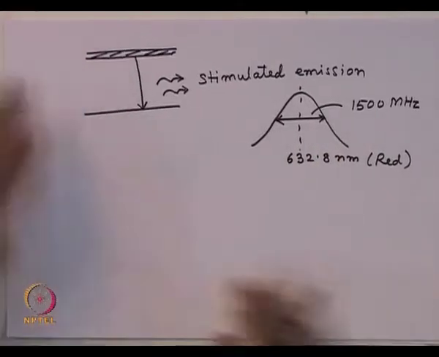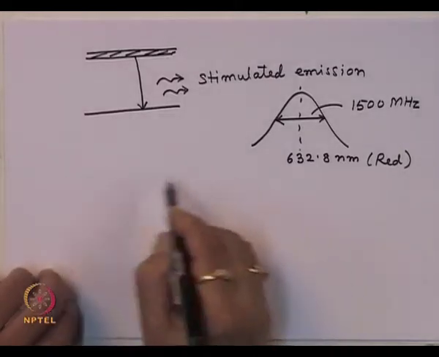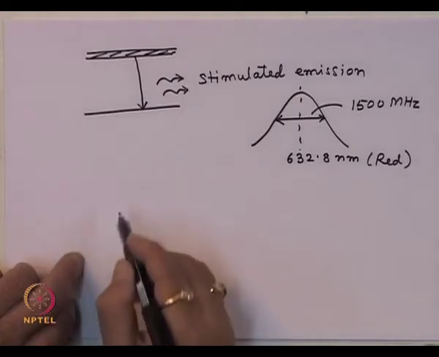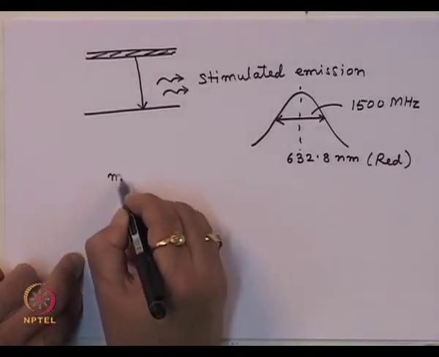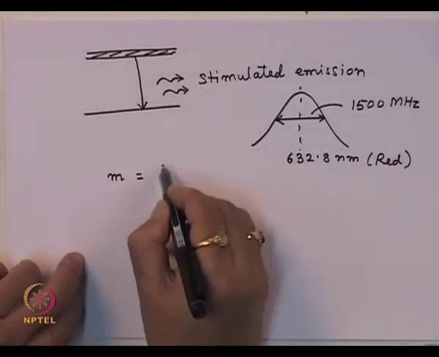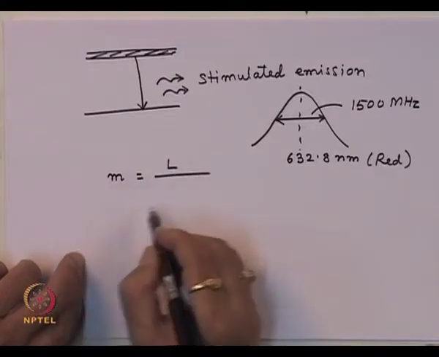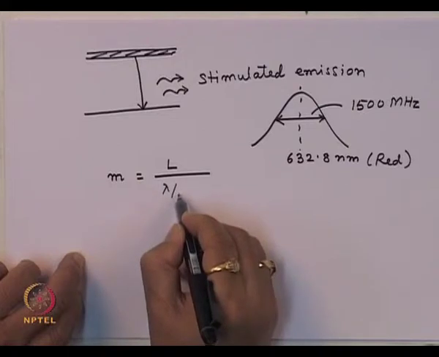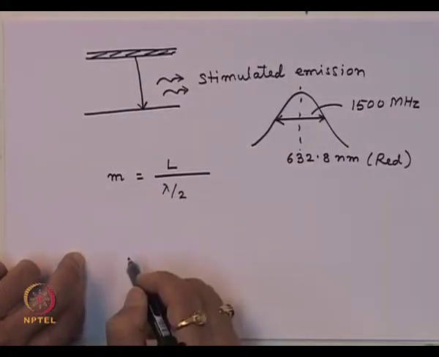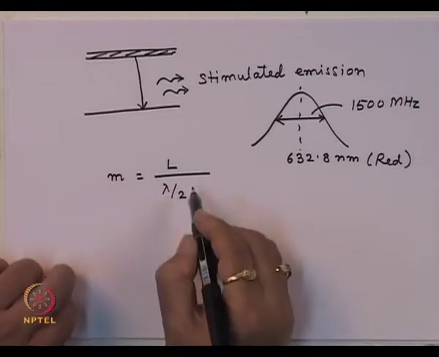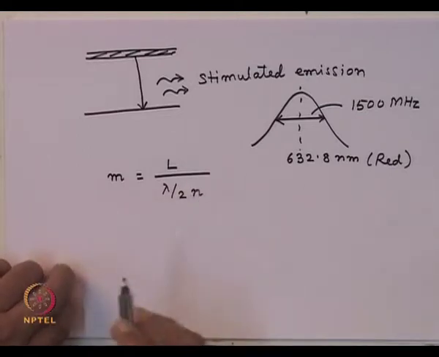So, now write the simple relation that the mode number m inside the laser is equal to the length of the cavity divided by lambda by 2, and if the medium is not air, then you have a refractive index n for that medium.